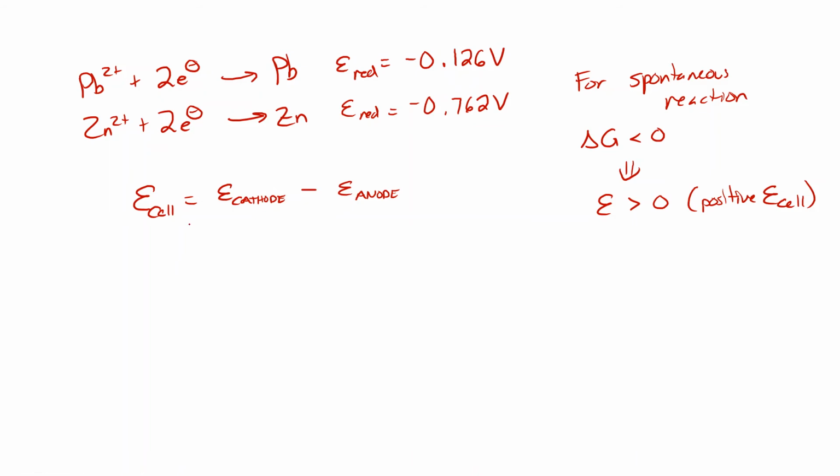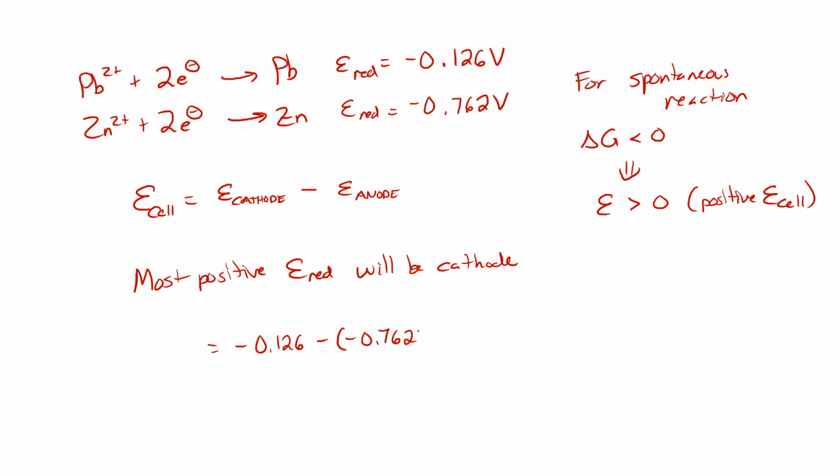The trick, right? The most positive reduction potential will be the cathode. So if you have two negative numbers, the number that's closer to 0, in this case negative 0.126, minus negative 0.762.